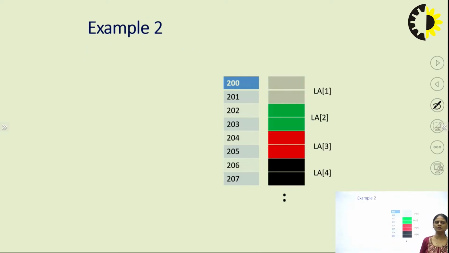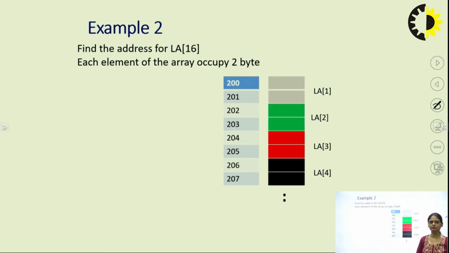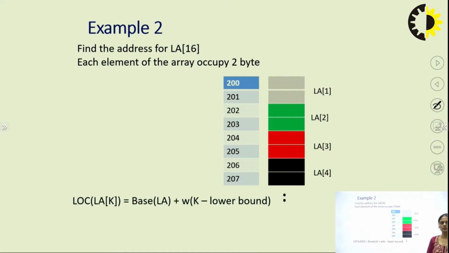Similarly, there can be another example. Over here we can see that LA has 2 bytes of memory per element, so W will be equal to 2. This is the question: find the address of LA[16], the array element at index number 16, where each element of the array occupies 2 bytes of memory. So this is the formula.